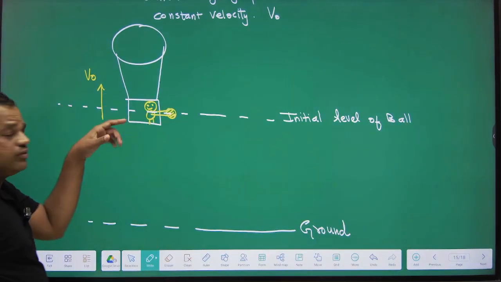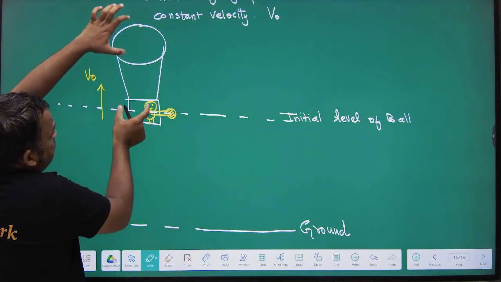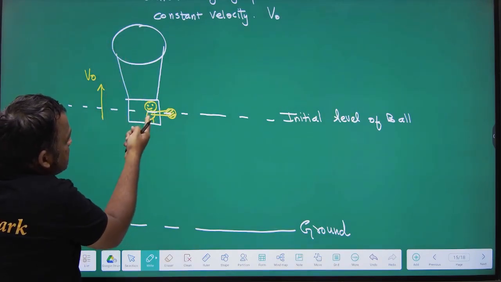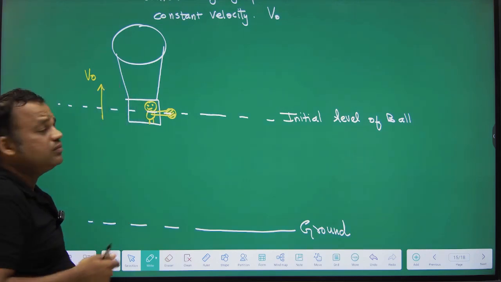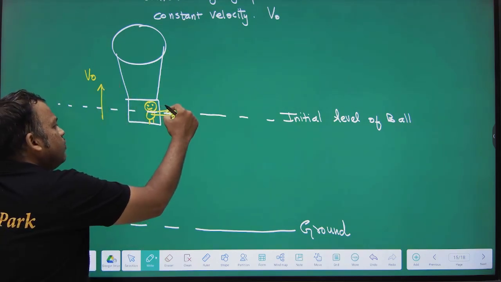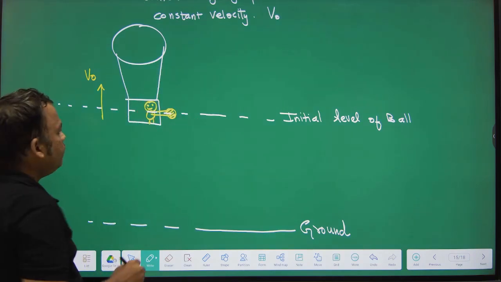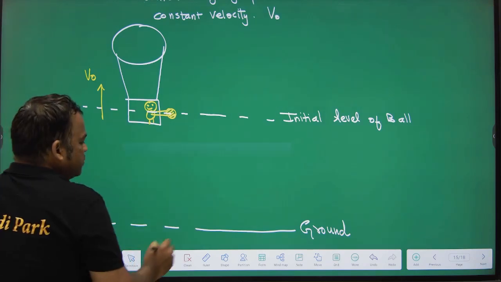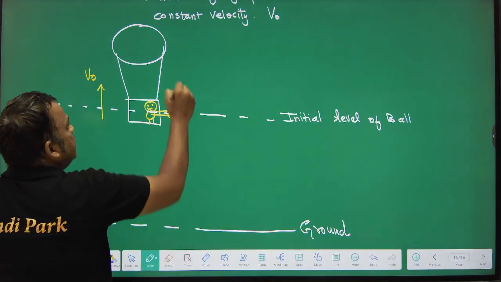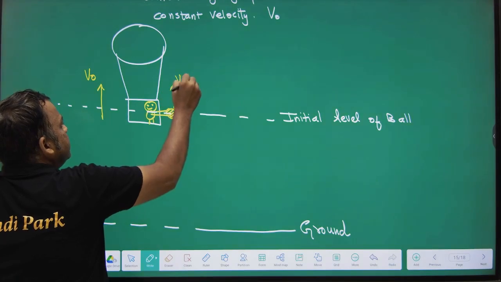You observe that when the balloon is going upward, the person is also going upward, and the ball the person is holding is also going upward. So what is the initial velocity of the ball? The initial velocity of the ball is v naught upward.